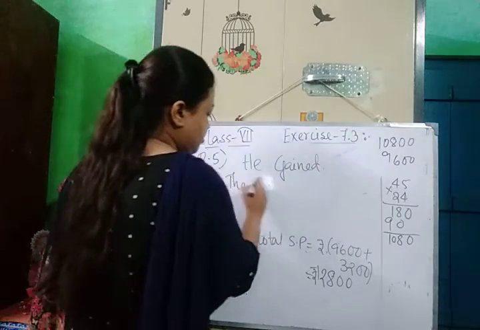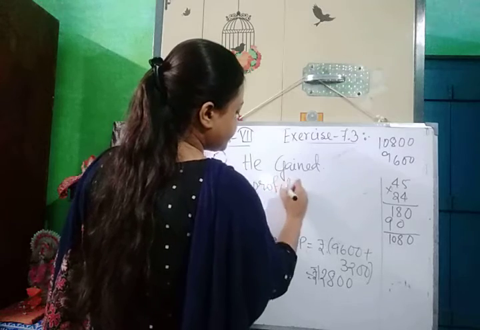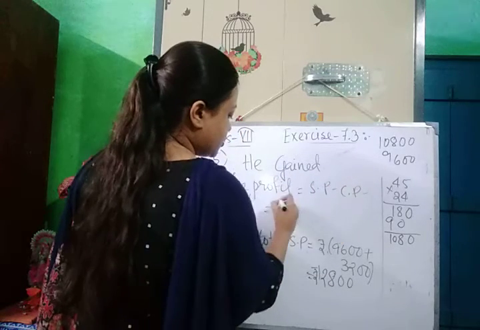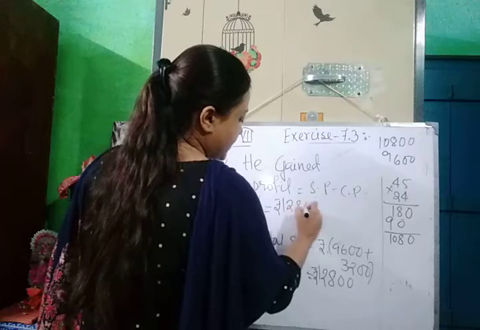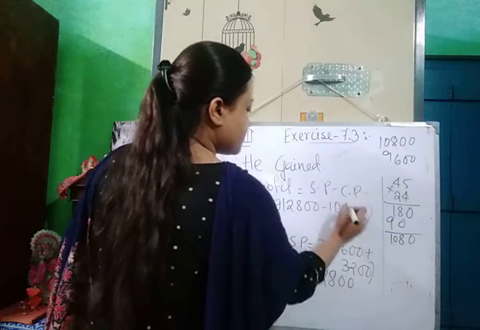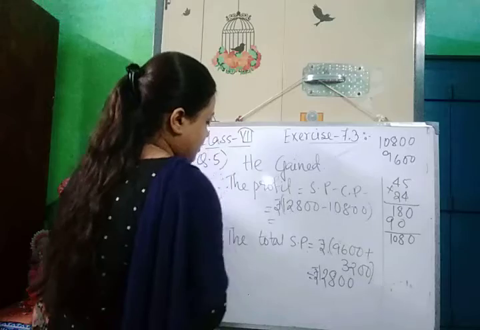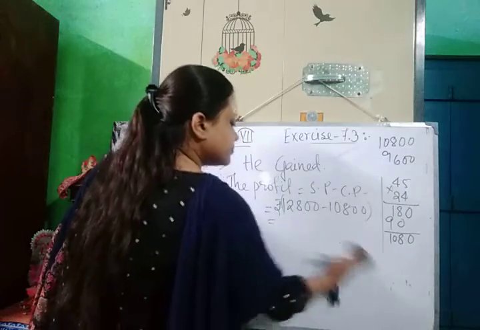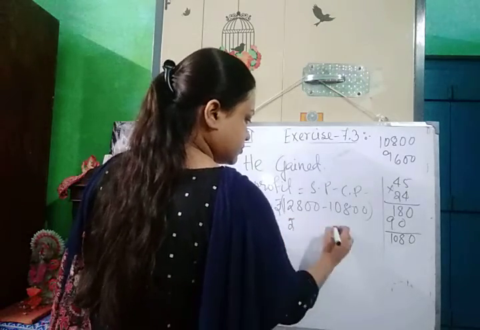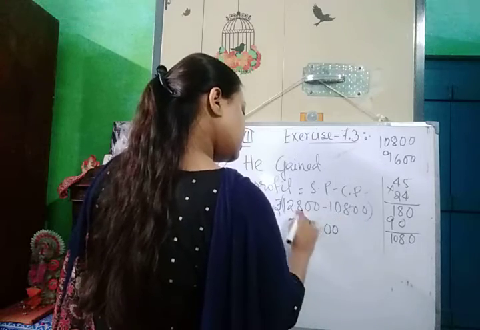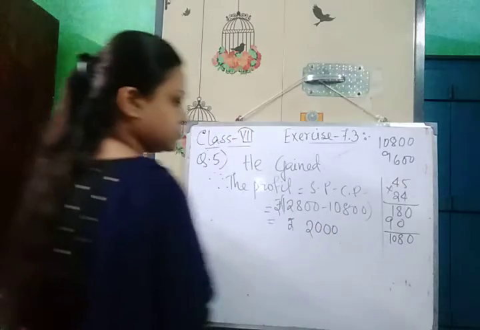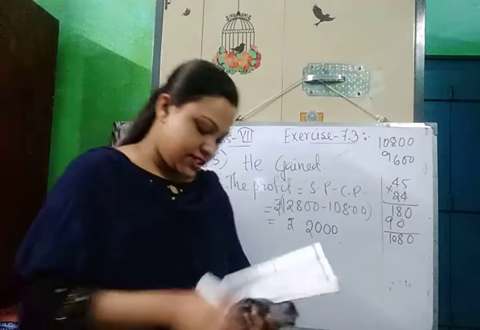Therefore, the profit is SP minus CP, that is rupees 12800 minus rupees 10800. So rupees 2000 he gained.